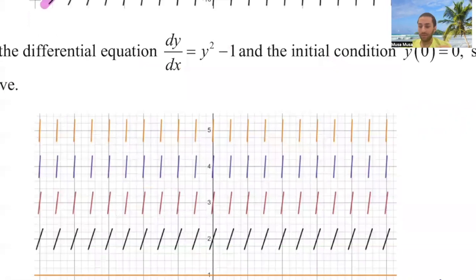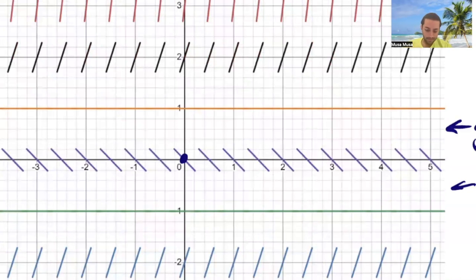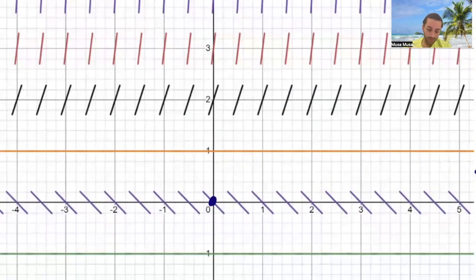When y equals a half, the gradients are a quarter minus 1, which is minus 3/4. So where here they're minus 1, minus 3/4 is going to be not as steep. Actually, yeah, let's put these in blue.